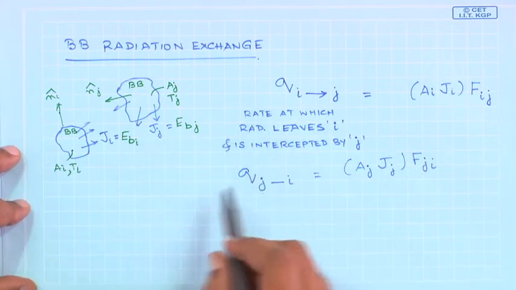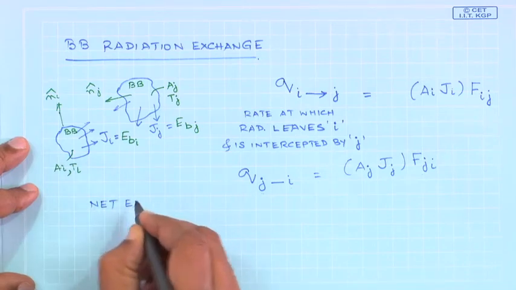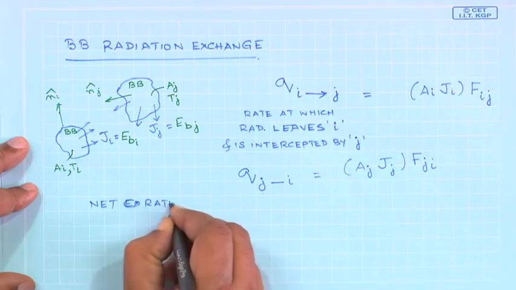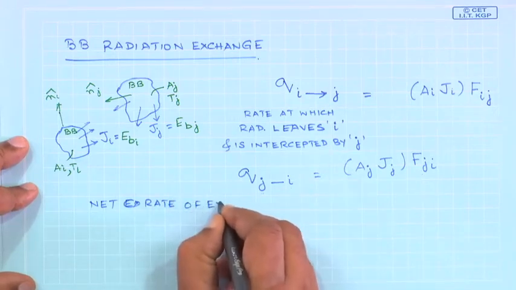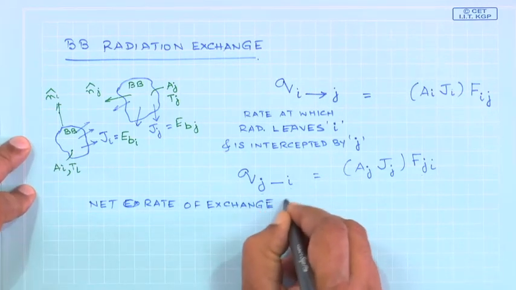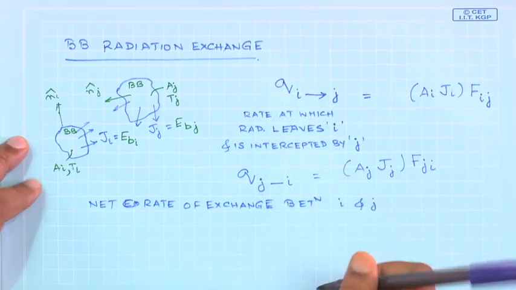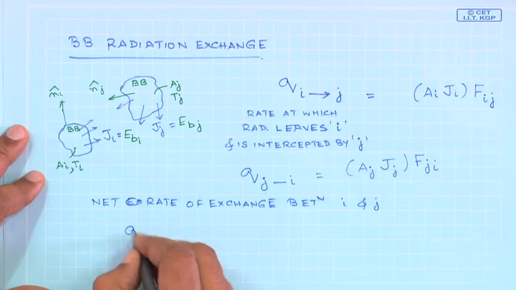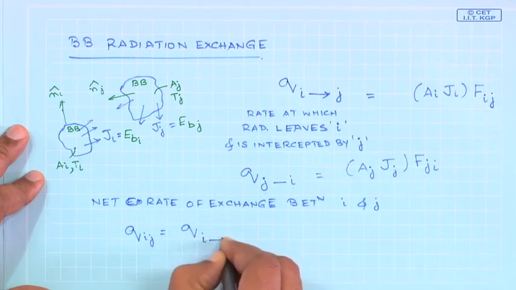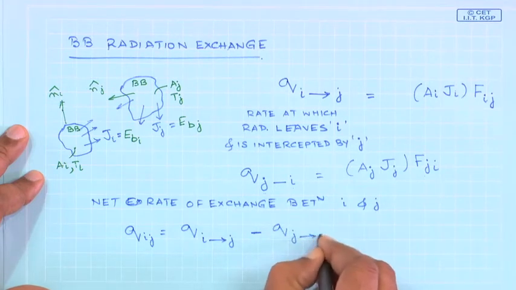So, the net rate of exchange between I and J, if I call it Qij, would be Qi to j minus Qj to i.